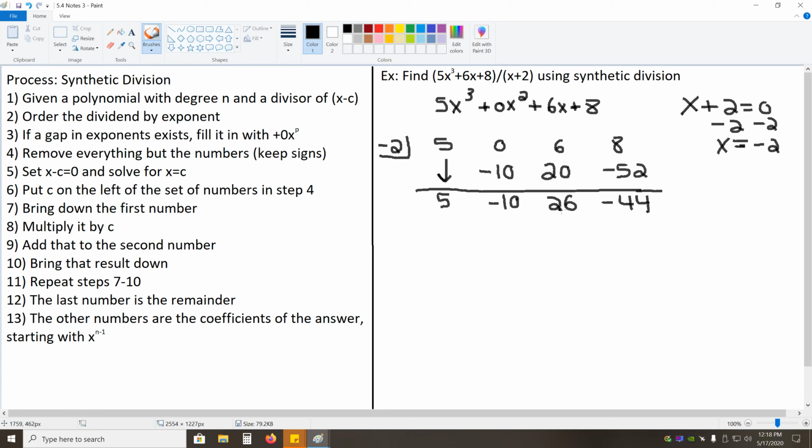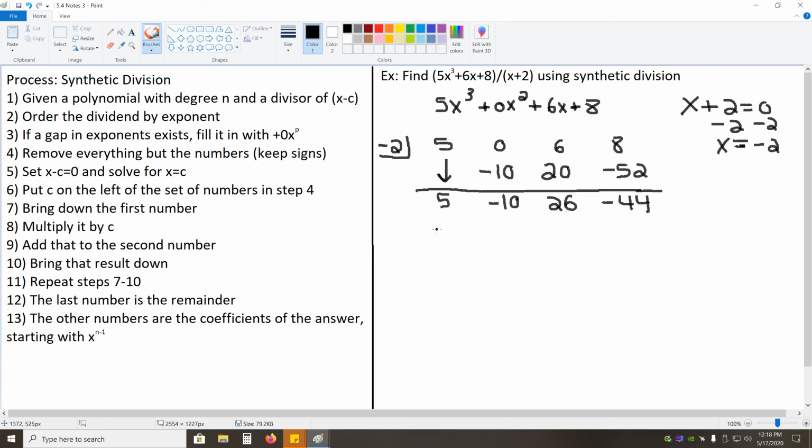These numbers represent the coefficients of our answer, and we always start with an exponent that's one less than the largest one we started with. Why is that the case? We're dividing x cubed by x, so the result should be x squared, or one less than we started with.